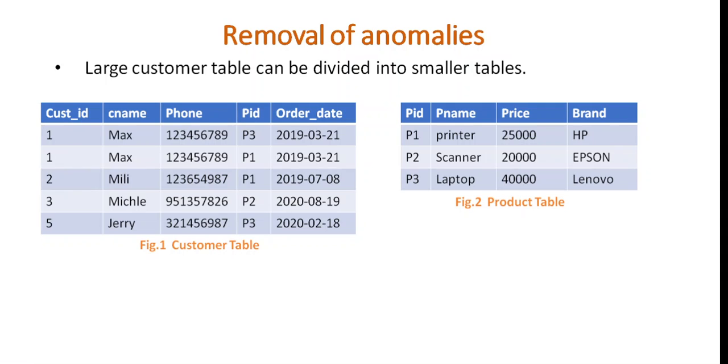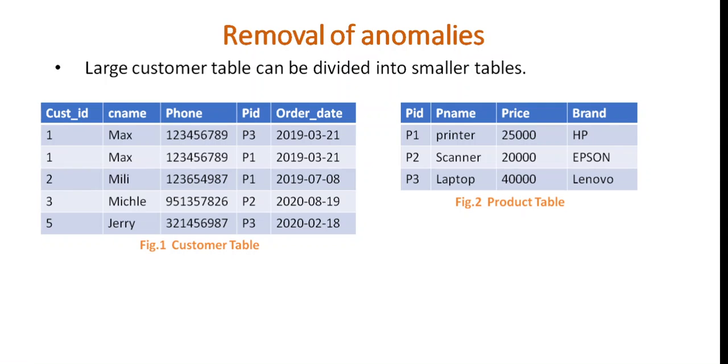If you want to insert data for a new customer, you can easily insert it into the customer table, and for a new product, into the product table, even if the product is not ordered by any customer.